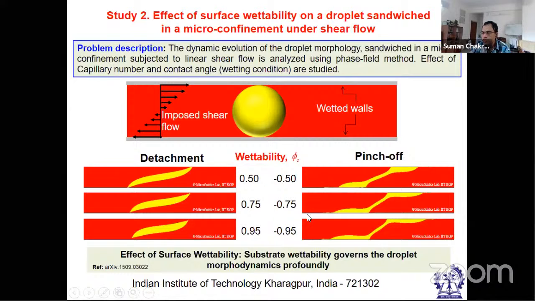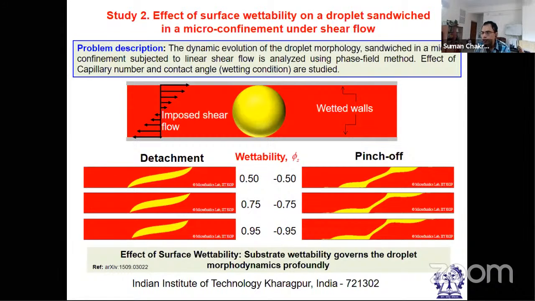So there will be a transition from pinch off to detachment, which is governed by many parameters. For example, what is the shear in the flow, what is the confinement, what is the contact angle, and so on. So it is possible through phase field simulations to get a detailed quantitative understanding of this.